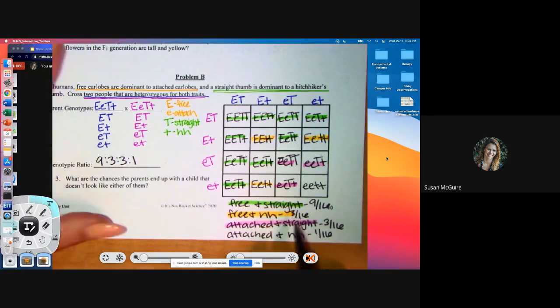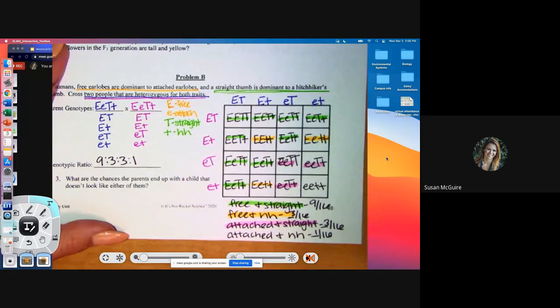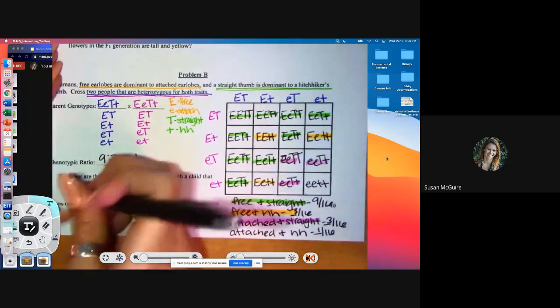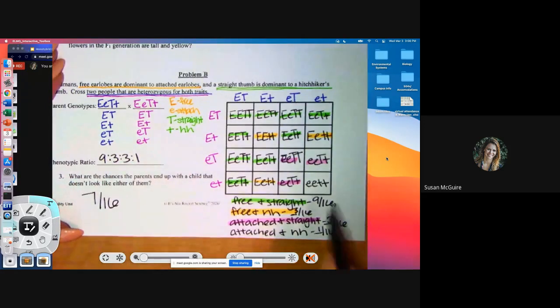Well, this one has free earlobes and hitchhikers. This one has attached earlobes instead of free earlobes, and this one doesn't have either. 7 out of 16. Because only these ones right here are going to look like them, as far as ears and thumbs.